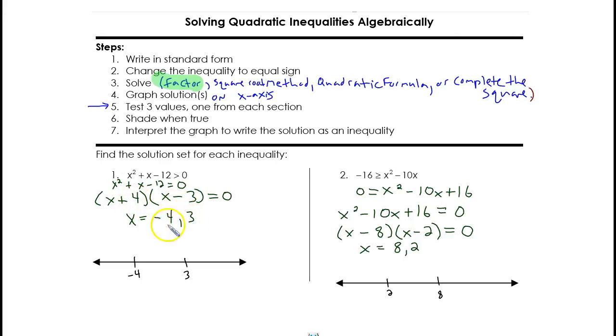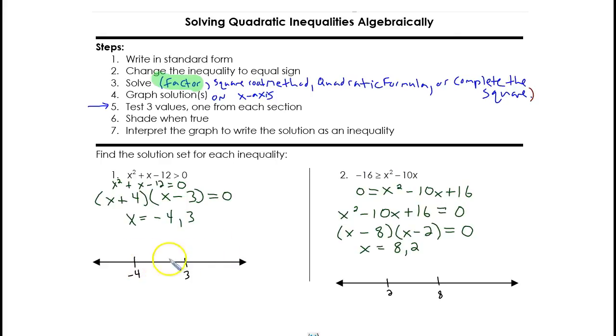+3. I want to take these two solutions and put them on a number line and make sure that you put them in the correct order. So -4 should be to the left of 3. On a number line, 0 would be between them, and -4 on the left, 3 on the right. Now, we're going to test 3 values, one from each of the sections that we've just made.